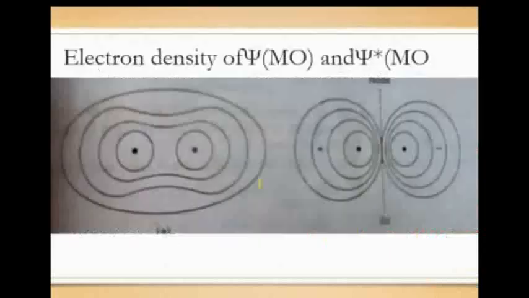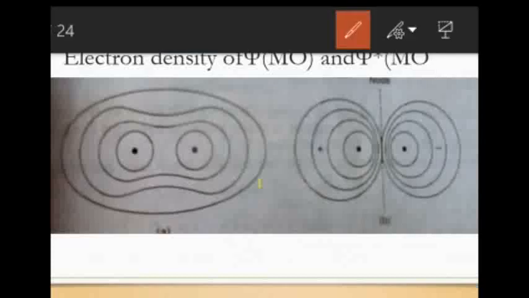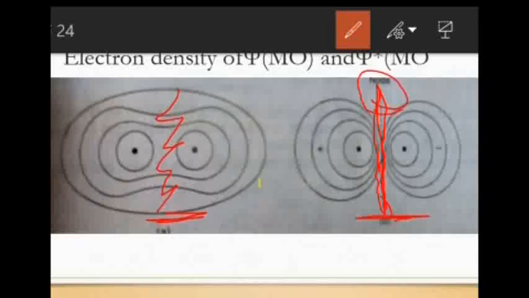Now this is the electron density for bonding molecular orbital, and this is the electron density for antibonding molecular orbital. In this area the probability of finding electron is maximum, and in this area probability of finding electron is negligible or almost 0, and this is called nodal plane, node.